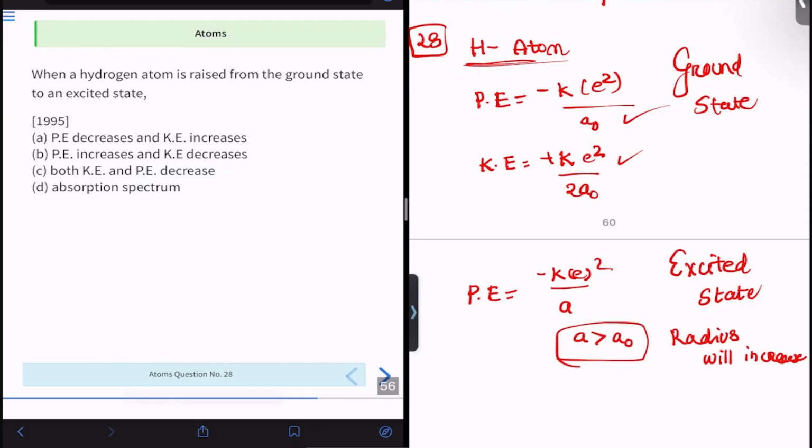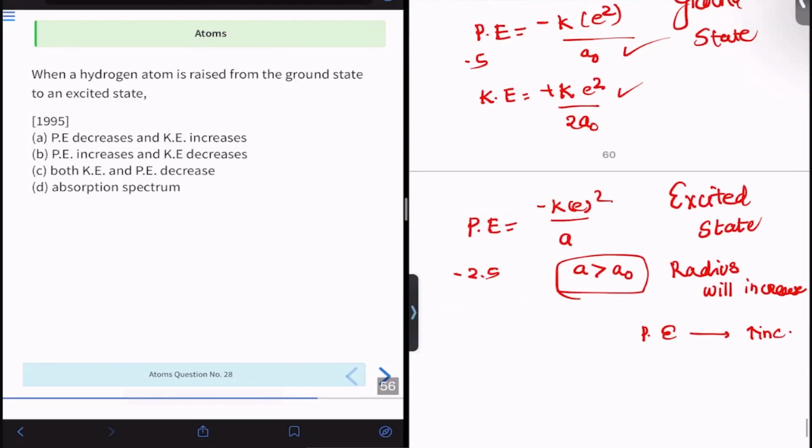So the whole value will decrease in magnitude. If it was -5 here, it will be -2.5 or something like that, because the denominator value is increasing, so the total value should decrease. But it is decreasing in negative, so the potential energy will increase.